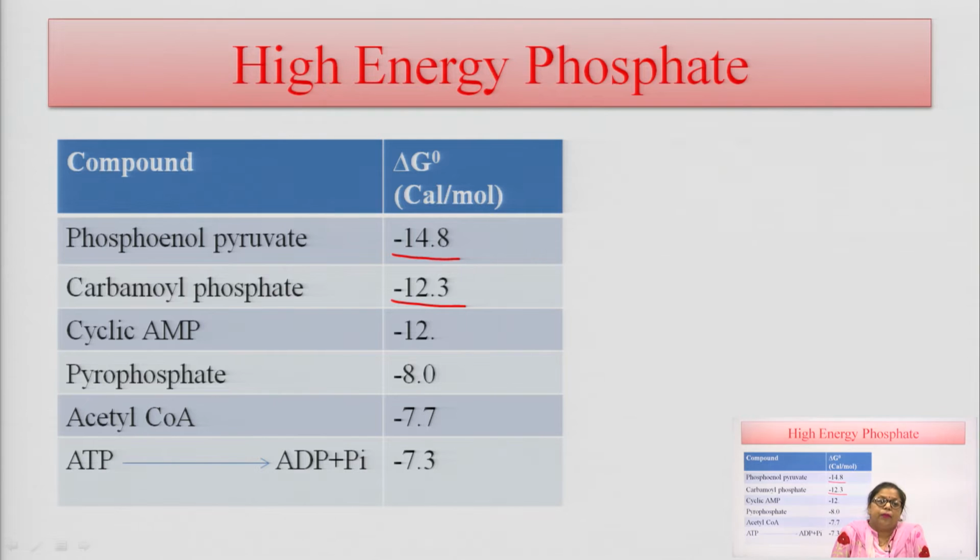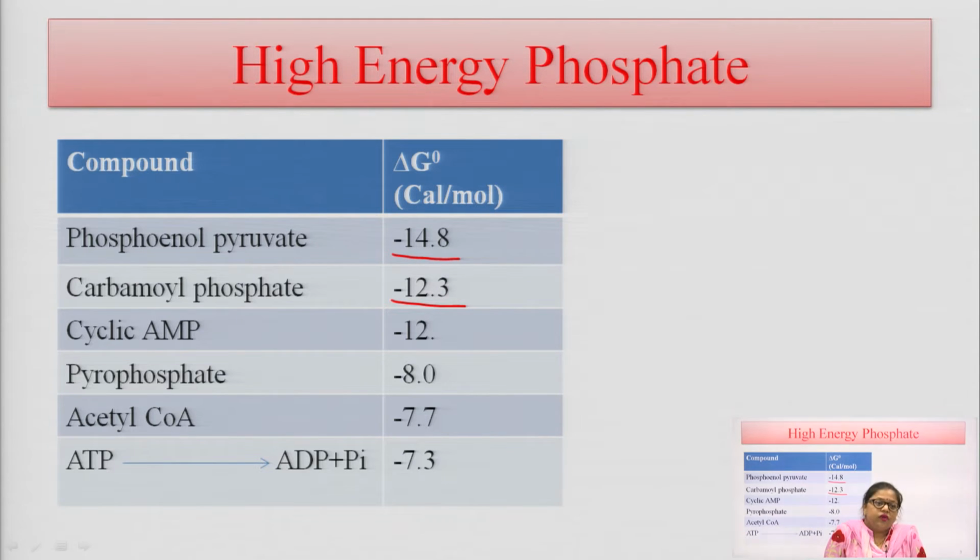Then there are pyrophosphates, which show 8 kilocalorie per mole after hydrolysis. Acetyl coenzyme A, present in lipid metabolism, gives minus 7.7 kilocalorie per mole on hydrolysis.